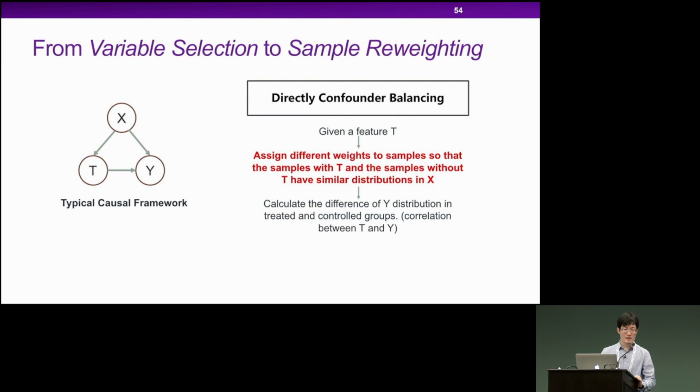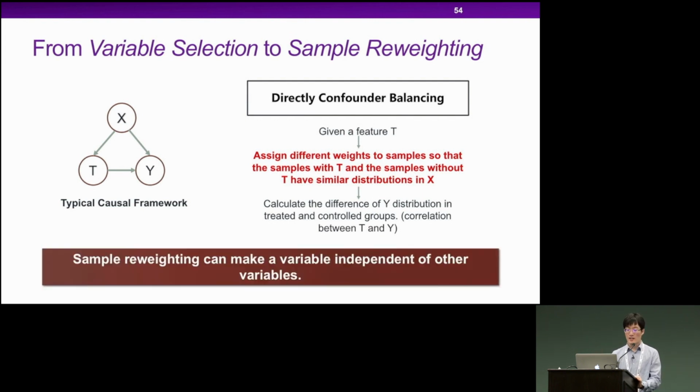So actually the result is, if we do this kind of sample reweighting, we can make a variable independent of other variables, right? Because whether t is 1 or 0, the distributions of x are the same. That means t is independent of x, right?